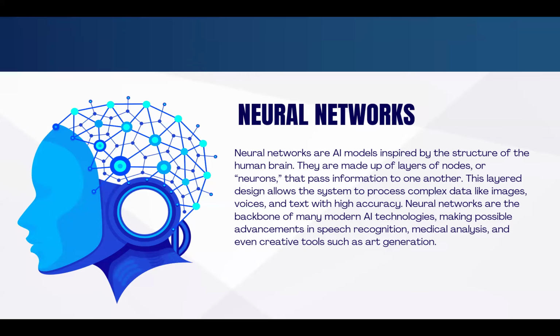Because of the advancement in the field of neural networks, there are fields in which it is being used, such as speech recognition, medical analysis. Because of this, the advancement of operations or understanding the diseases beforehand is possible, as well as creative tools such as image generation.